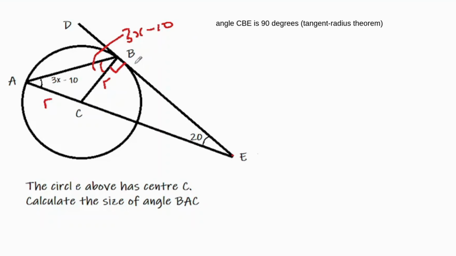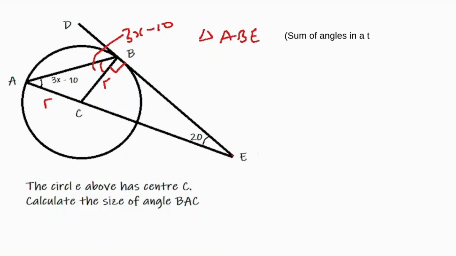All right, now let's look at a big triangle, triangle ABE. If you look at triangle ABE, you will agree with me that the sum of angles in a triangle is equal to 180 degrees.